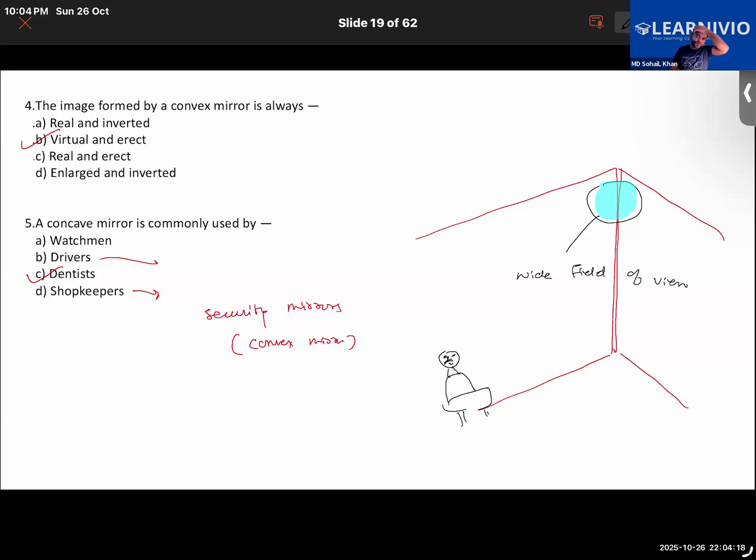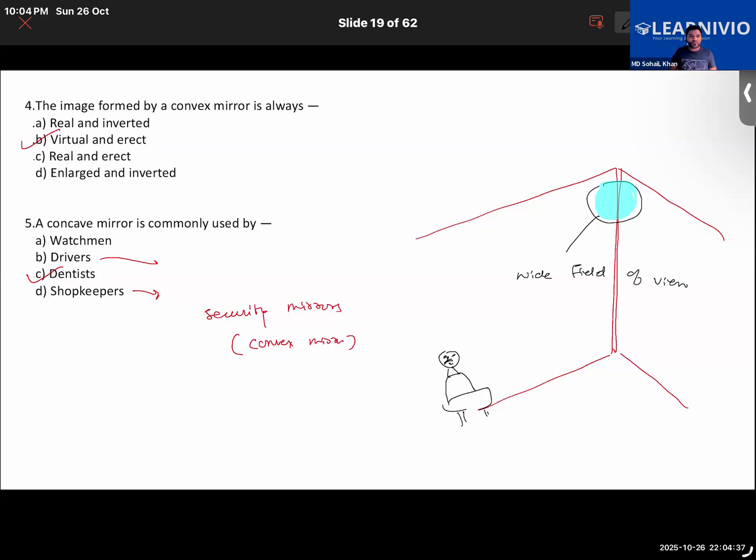So what type of lens will a watchman need? They need to look at objects and people at a distance, especially in low light conditions.